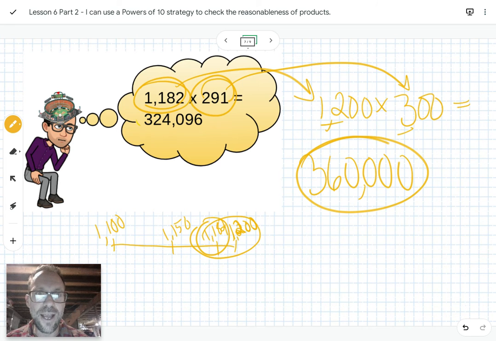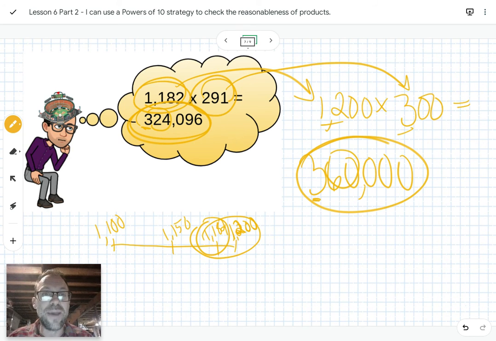What Mr. Geronis got here was 324,096. Are those close? Are they in the ballpark? Yes, they are. It's not exact. And remember, this is just an estimation strategy. But 360,000 is in the same ballpark as 324,000. They're both in the hundred thousands place as numbers. And 24 and 60 aren't too far apart.